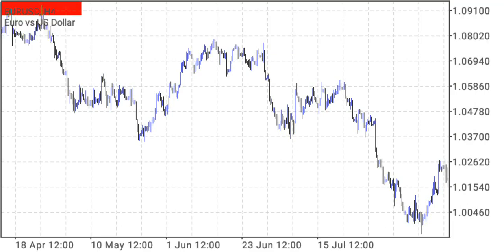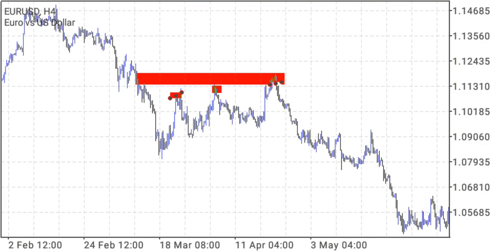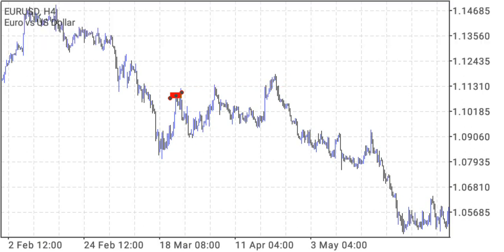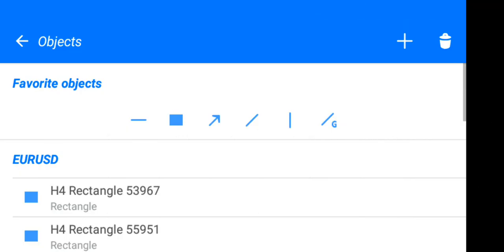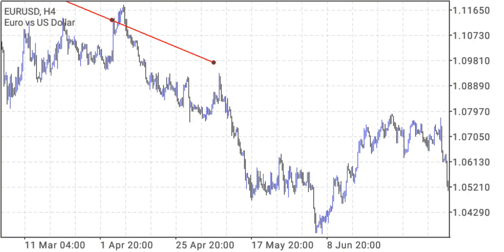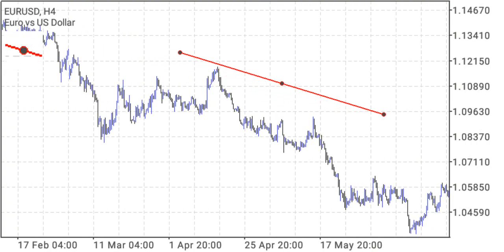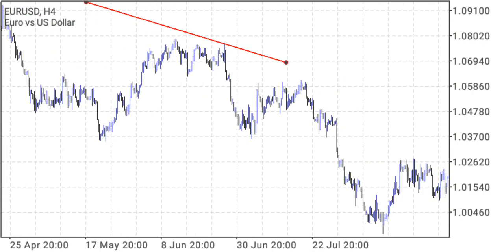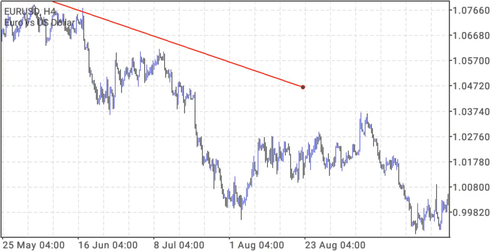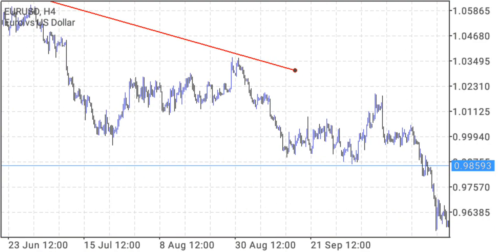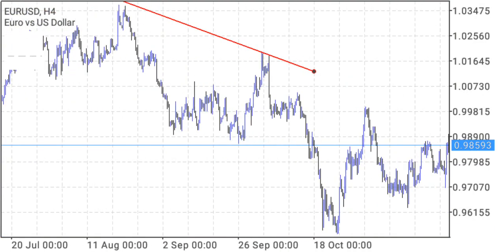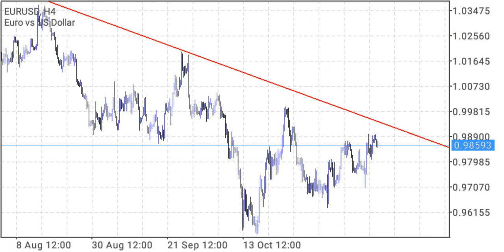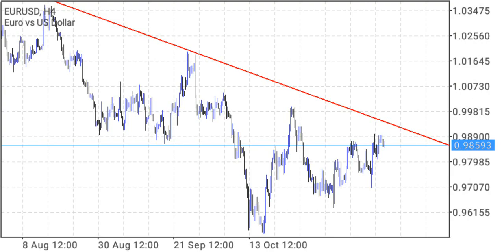So let me draw a trend line here first, so we understand where the market is headed. So Euro USD is actually in a downtrend.